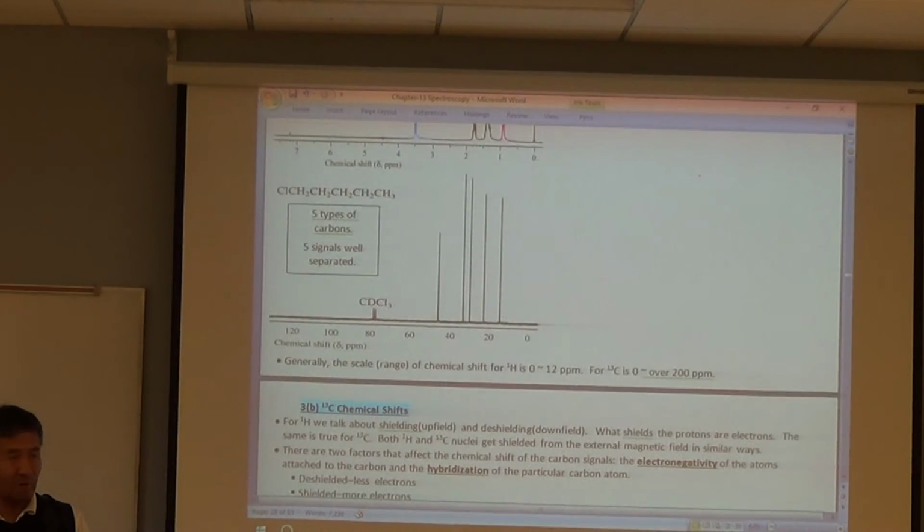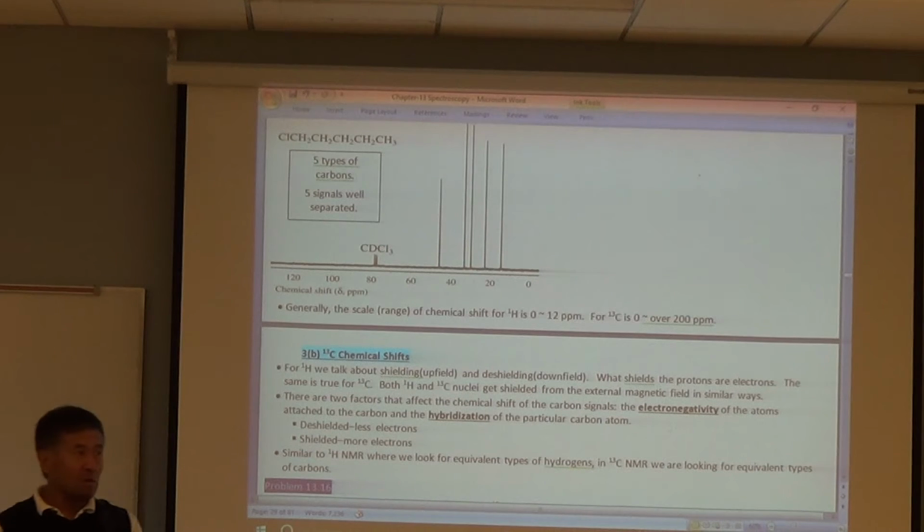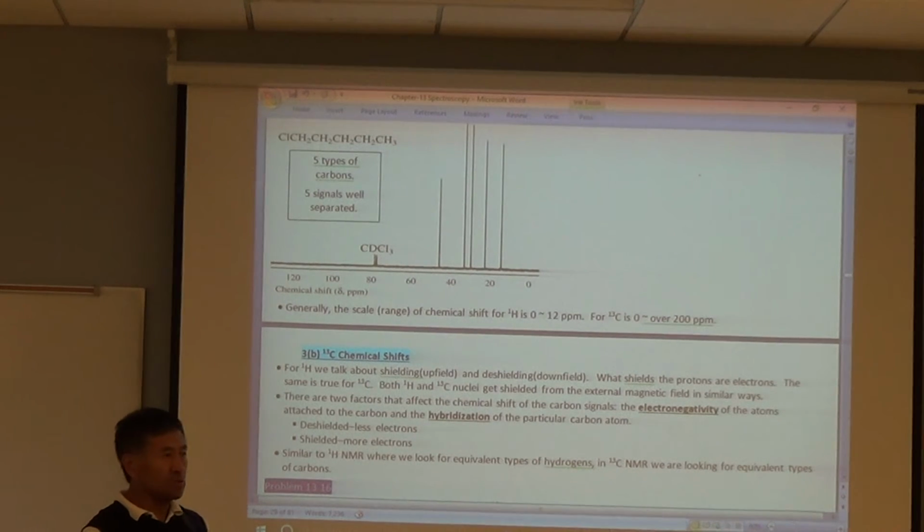Therefore, we will have the lab. I will give you mainly 2 spectra. One spectrum is the H1 NMR. The other one is the carbon-13 NMR. You can use them combined together to pretty much find out the molecular structure.